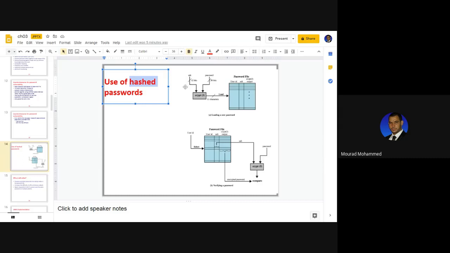We define what a salt is. Also a secret value, like last unit when we talked about the three models of how we communicate secured messages on the network. We add a secret value.